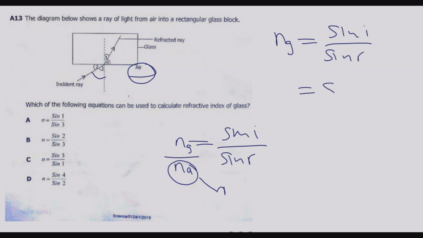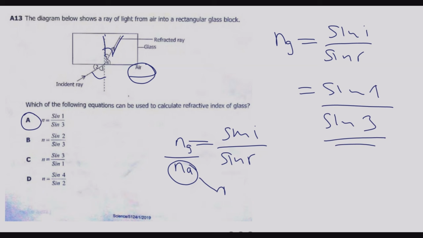So we have sine 1 over the angle of refraction, which is the angle between the normal and the refracted ray, which is sine 3. If you see from the options, you discover that A is the best answer.